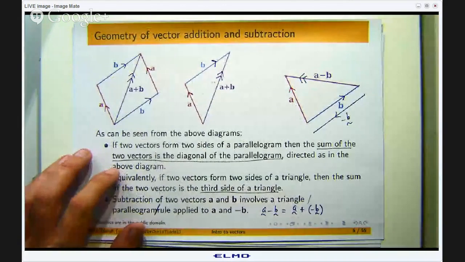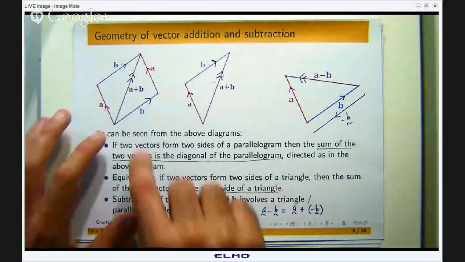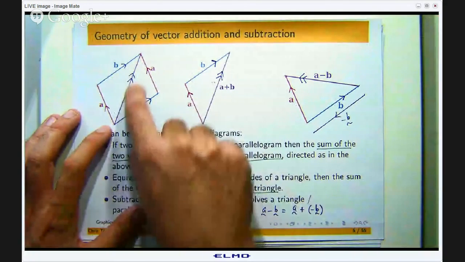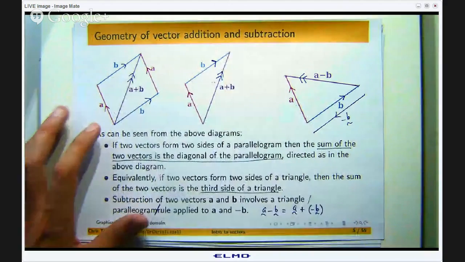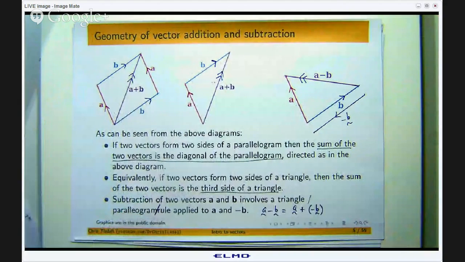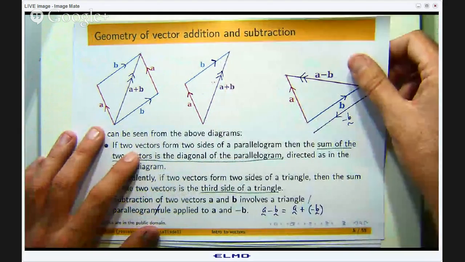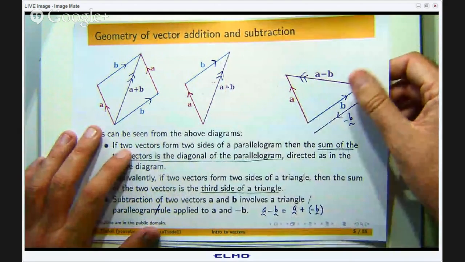And then we talked about the geometry of vector addition and subtraction. You have a parallelogram rule or a triangle rule, and you can draw the vectors such that you can geometrically represent the sum of the two vectors.